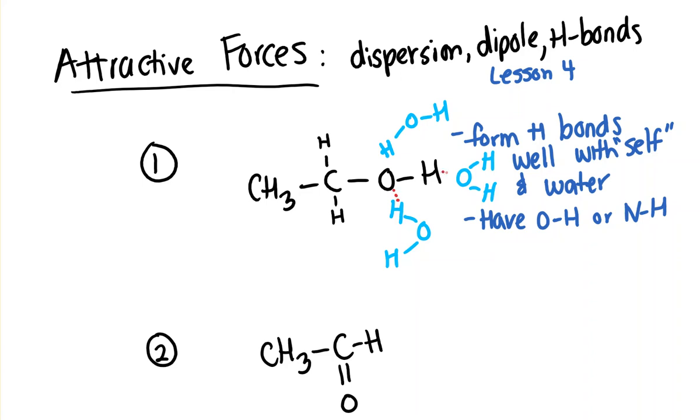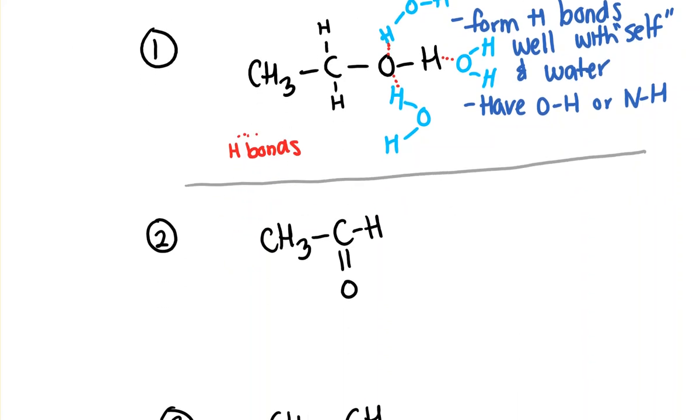So between this hydrogen and this oxygen, this hydrogen and this oxygen. These little dotted lines are the hydrogen bonds. Okay, so that's the first category. They hydrogen bond really well. Let's look at the second category. These hydrogen bond a little bit, but not to themselves.